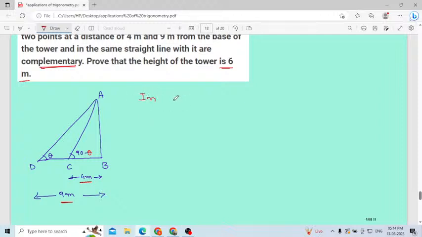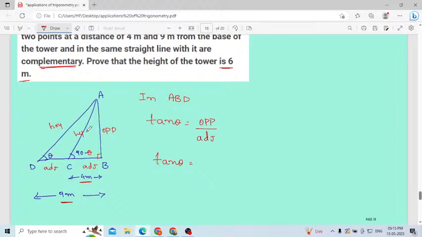What you have to prove is that the height of the tower is 6 meters. In triangle ABD, tan theta will be equal to opposite divided by adjacent. Here, this is the adjacent, this is the opposite, and this one is the hypotenuse.